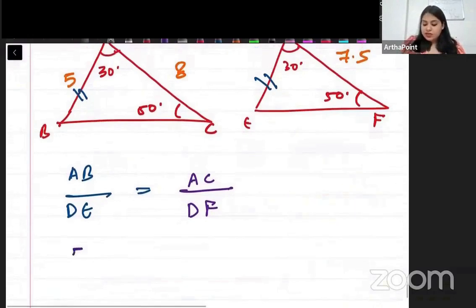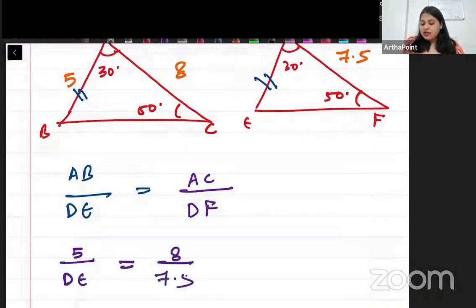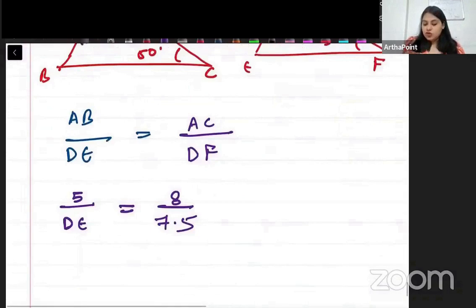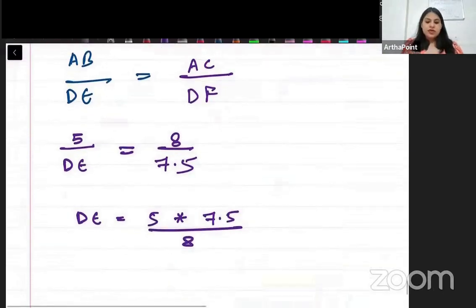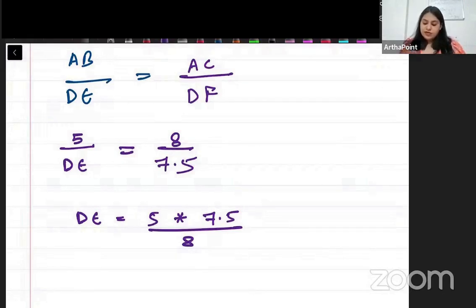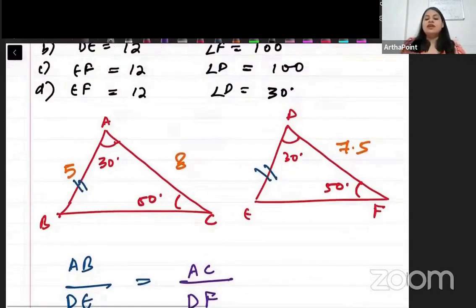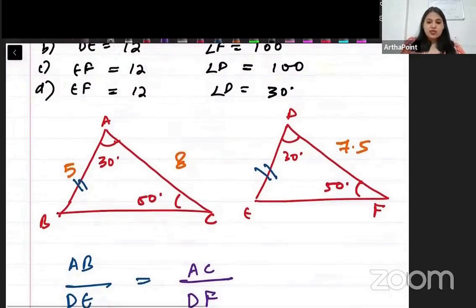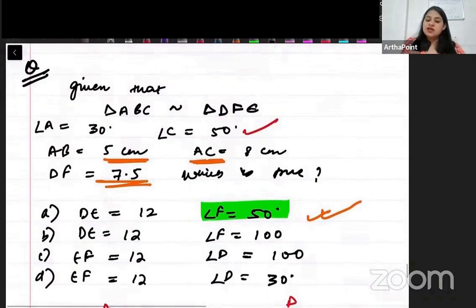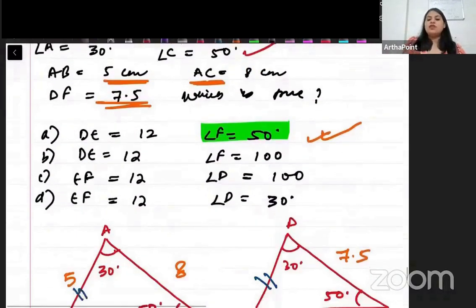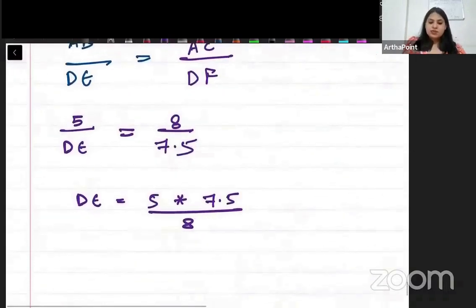So what will be DE? 5 into 7.5 divided by 8. Right? That will be your DE. This is how you can go ahead and find the properties. Is this clear? Actually, they have also given 12 in each, but still you should be able to go ahead and do it.